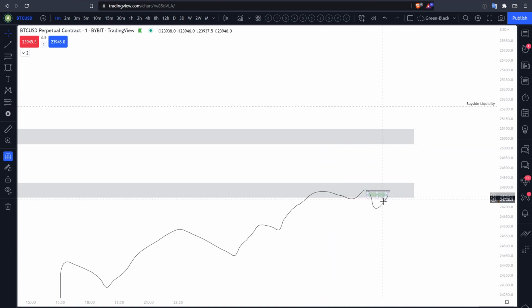And this will be my short setup with stop loss above the order block high.